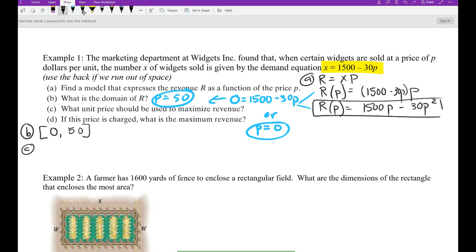So if I delete everything in the table. There's the reason why we always have to have the range.